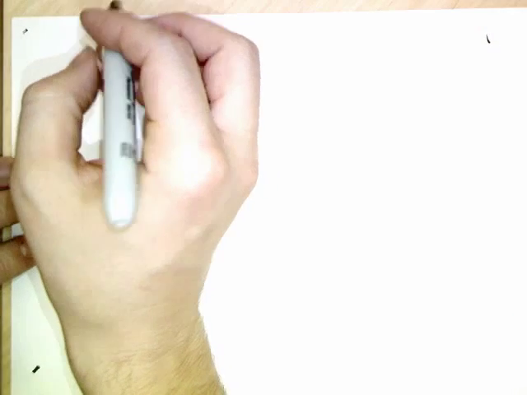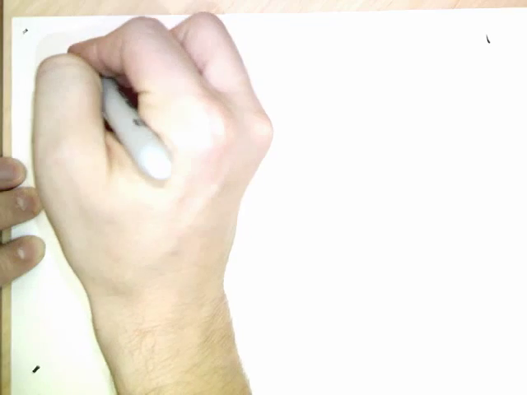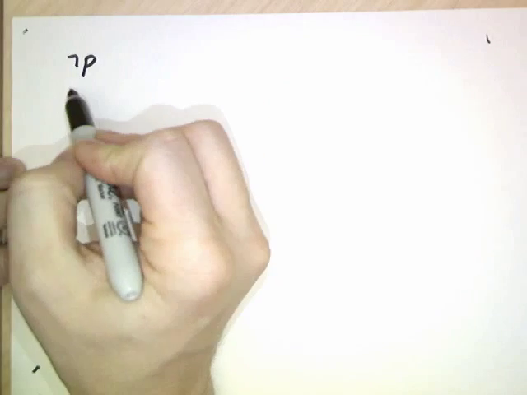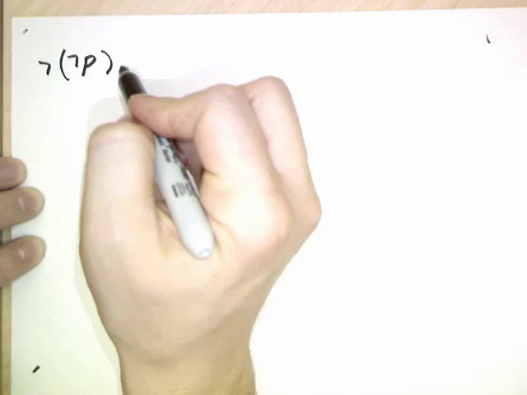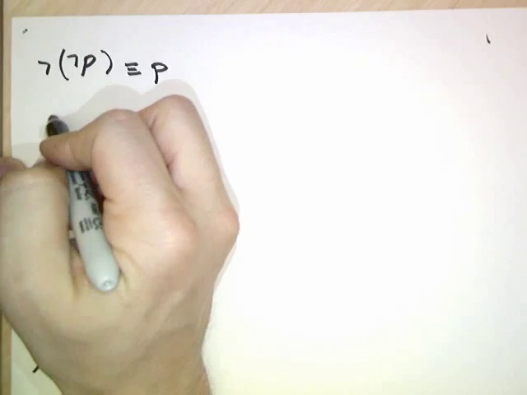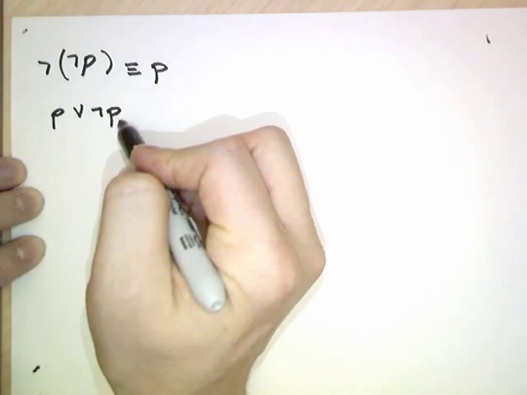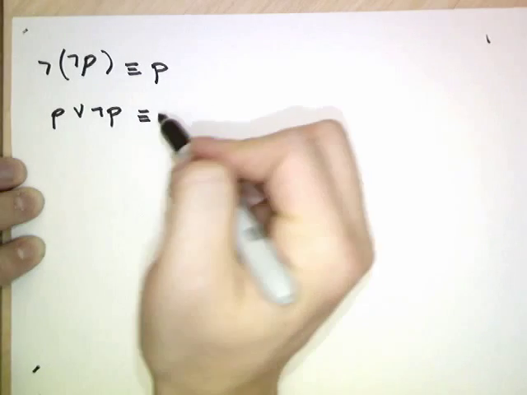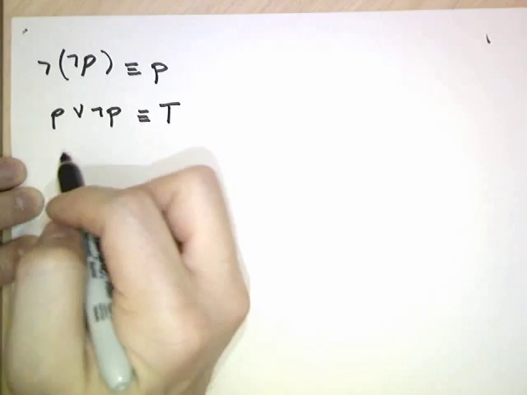Here are some other equivalences that might be useful for you. One is the double negation law. If I have a Boolean formula P and I look at its negation, and then I take the negation of that, this is equivalent to P. Also, if I look at P or not P, where P is a Boolean formula or expression, this is equivalent to the constant true.